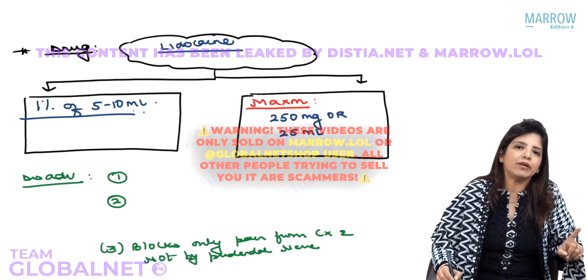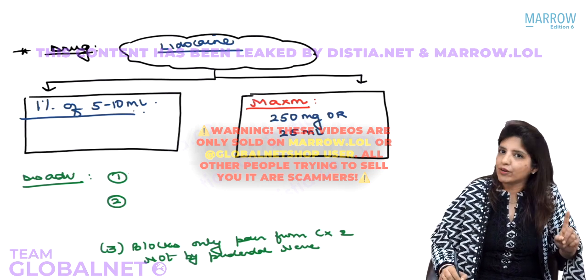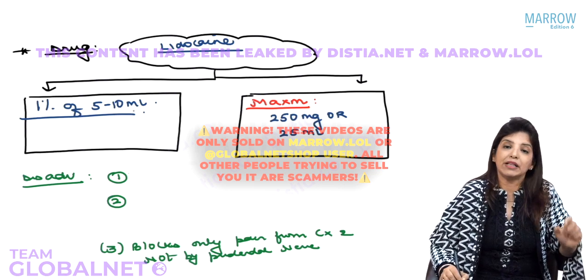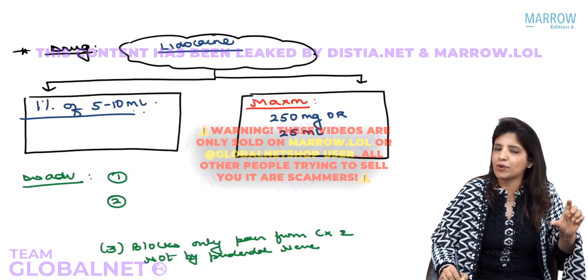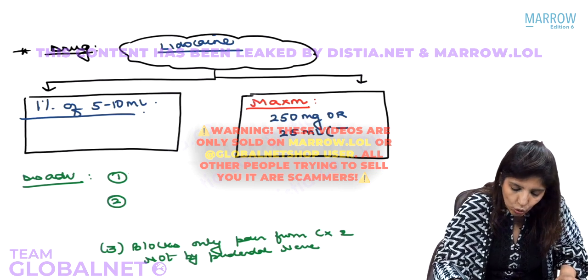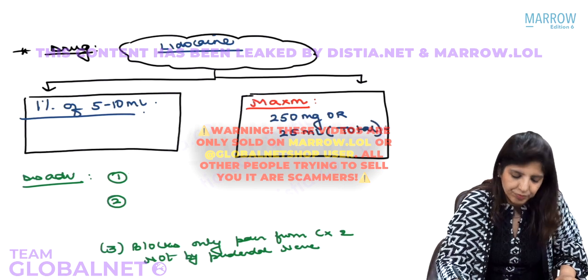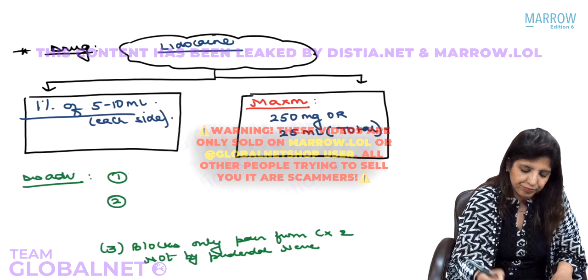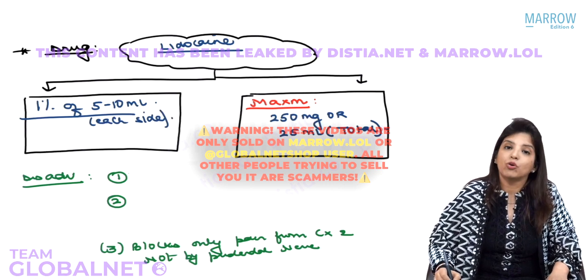Now, maximum lidocaine which you can use is 250 milligrams, or you can use 25 ml. That is maximum. I'm not saying 25 ml on each side. 25 ml total. Right? And this is on each side. Clear to all of you?